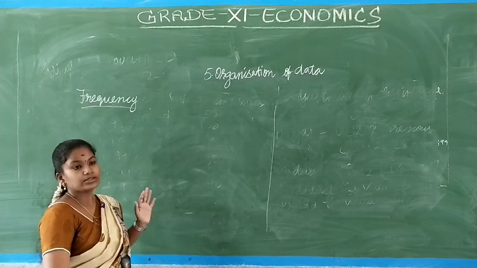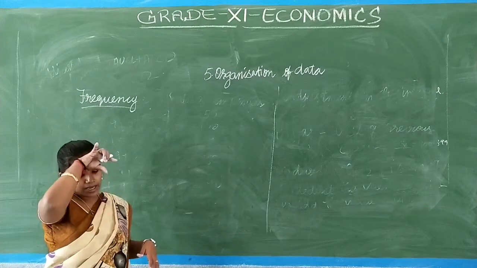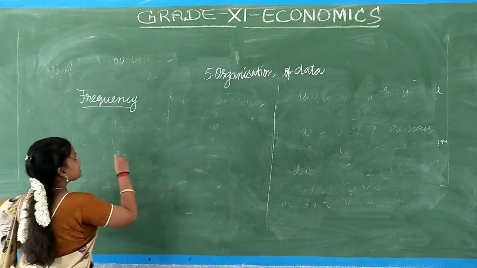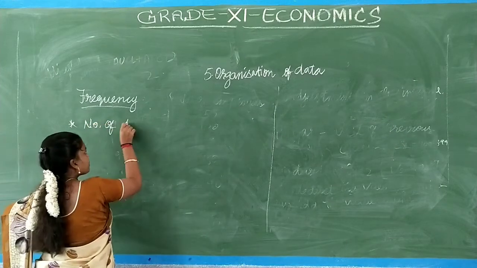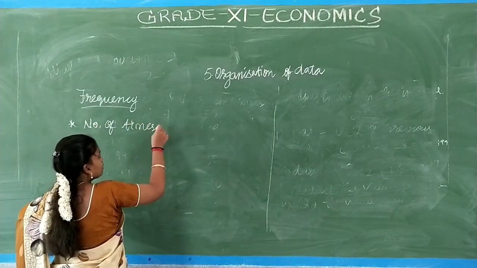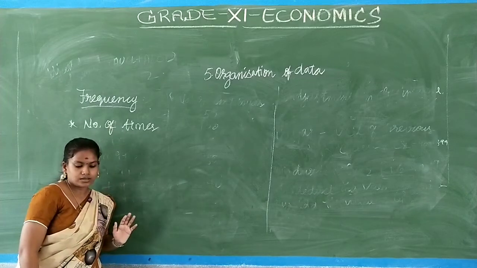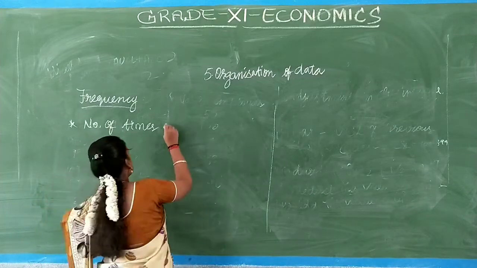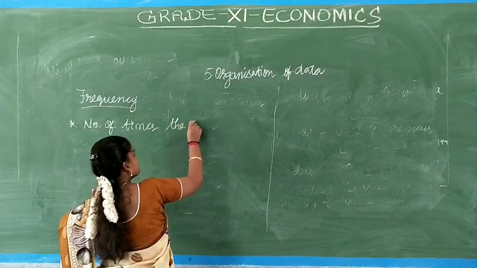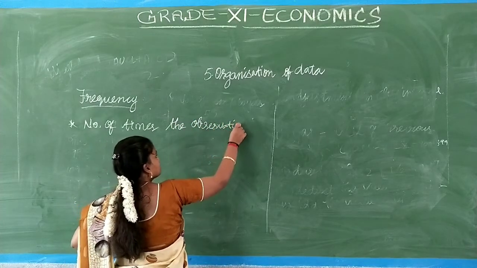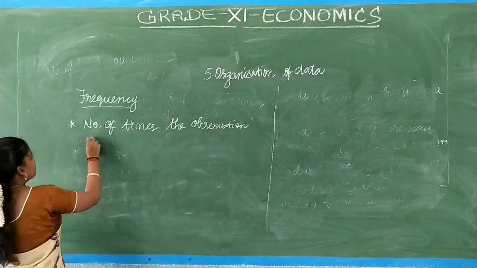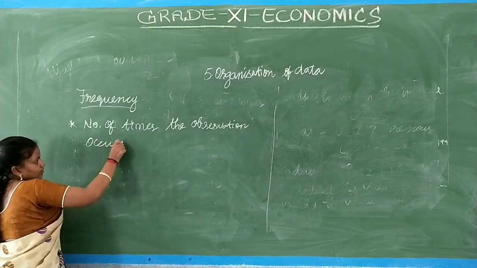What is that? Frequency of an observation means the number of times the observation occurs.